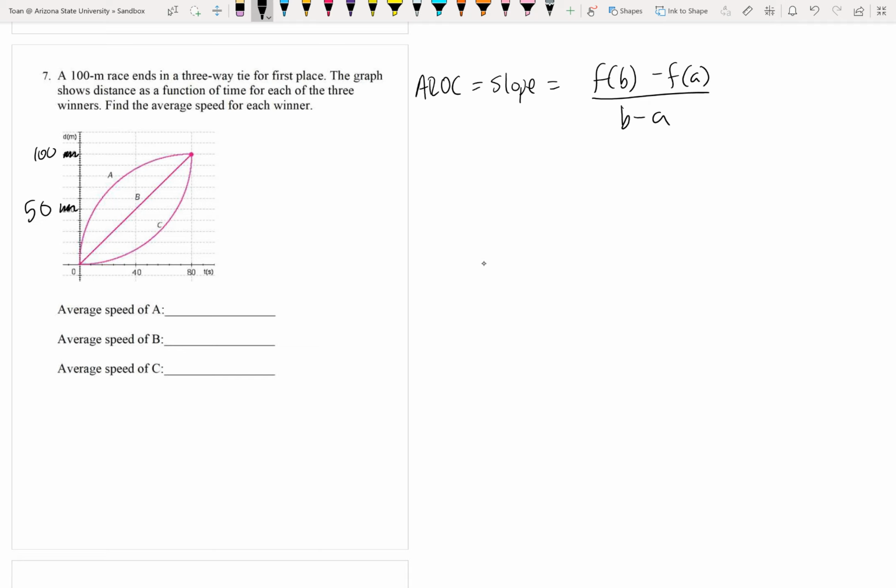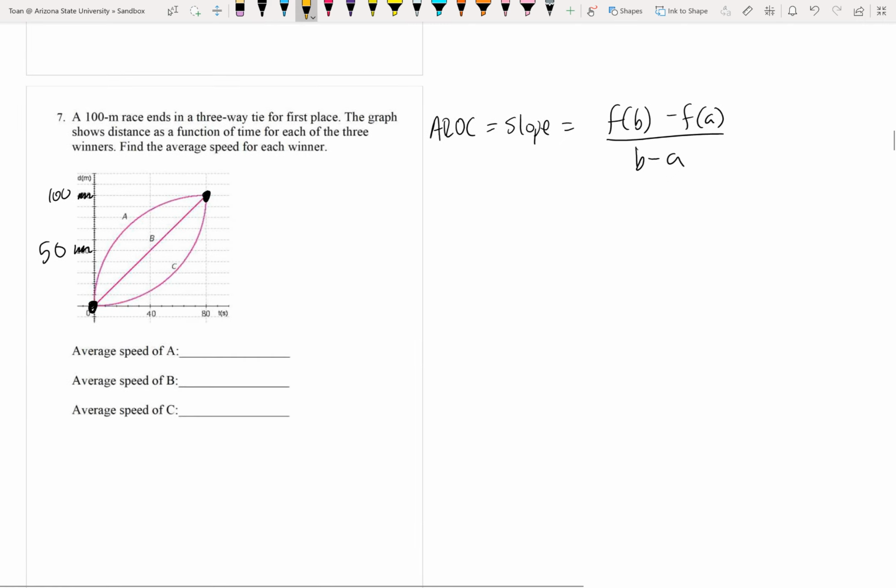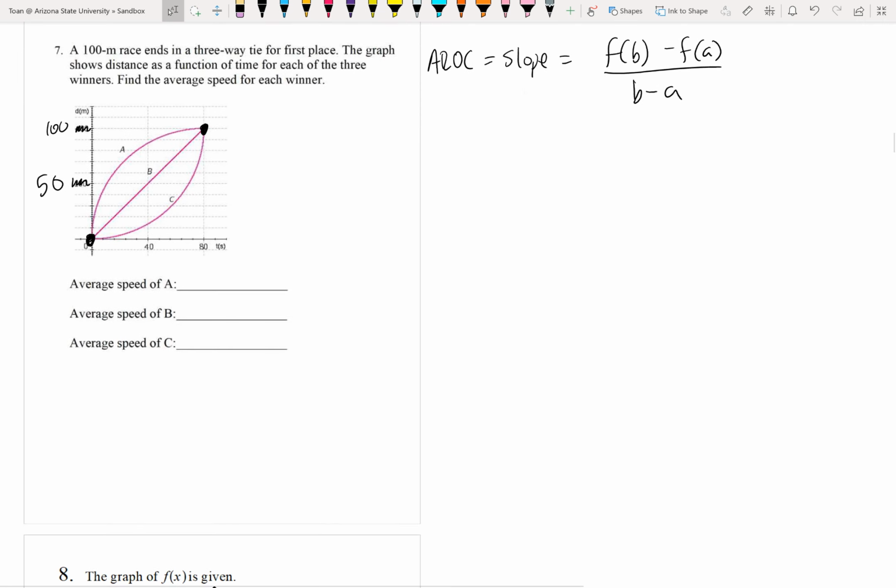But average rate of change, it's just the final point minus the initial point. So the idea is, although these 3 pictures are all different, these 3 curves are all different, they all start at the same spot. They all end at the same spot, so conceptually they should have the same average rate of change. It's just rise over run. So hopefully you guys can see that the rise is 100 and the run is 80.